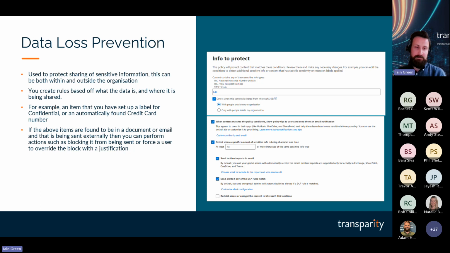Now, it may be that you can configure it so that I can override that, because we understand that sometimes there may be needs that are outside of normal day-to-day use. But to do that, I have to provide a business justification. So by doing that, it means we can have an audit trail.